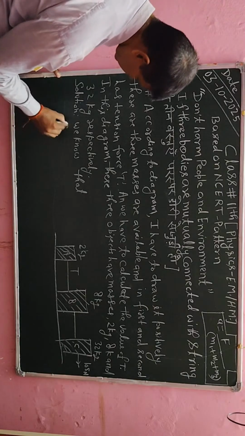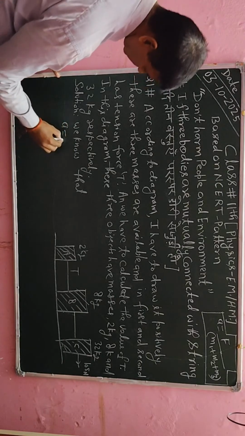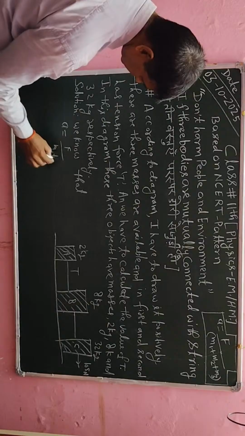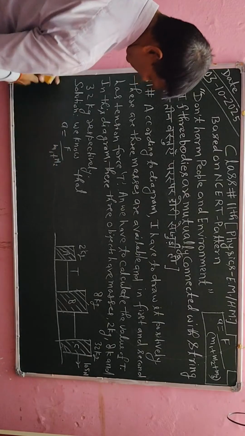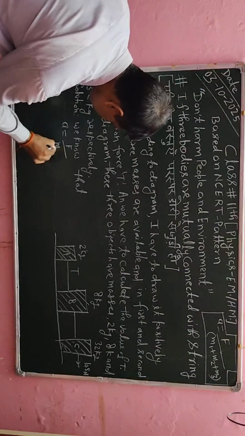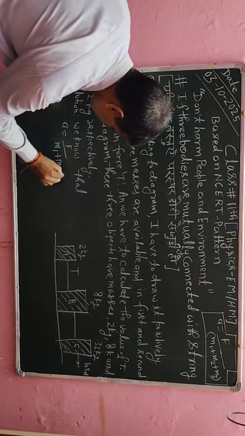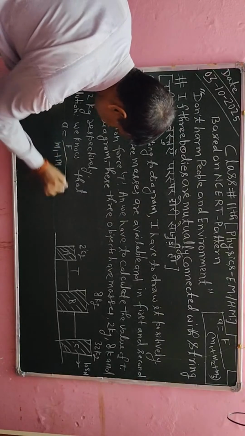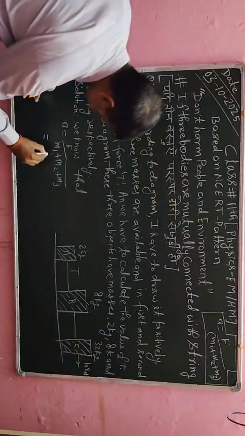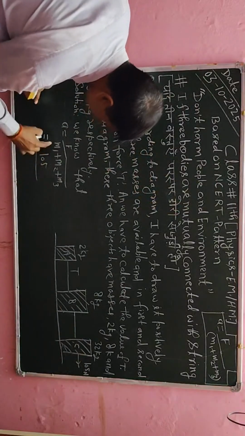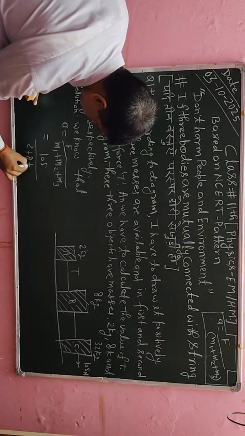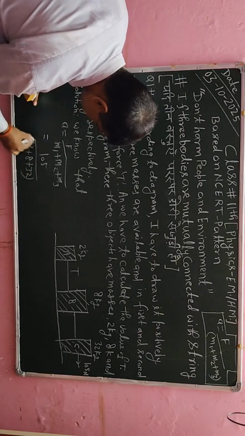First of all, I have to calculate a. a is equal to F divided by M1 plus M2 plus M3. The value of F is given here, 105 Newton. So I have to put 105 Newton divided by M1, means 2 kg, plus 8 kg, plus 32 kg. So I will simplify.